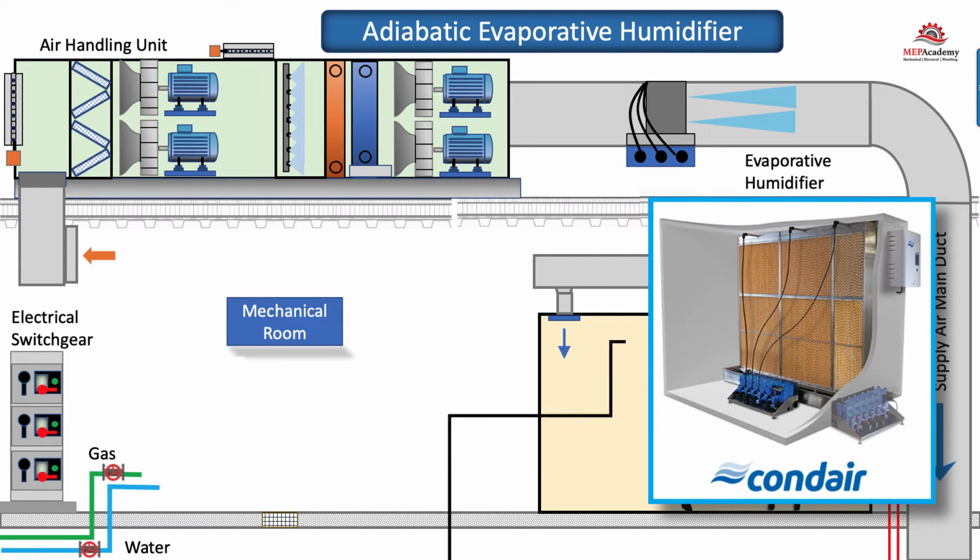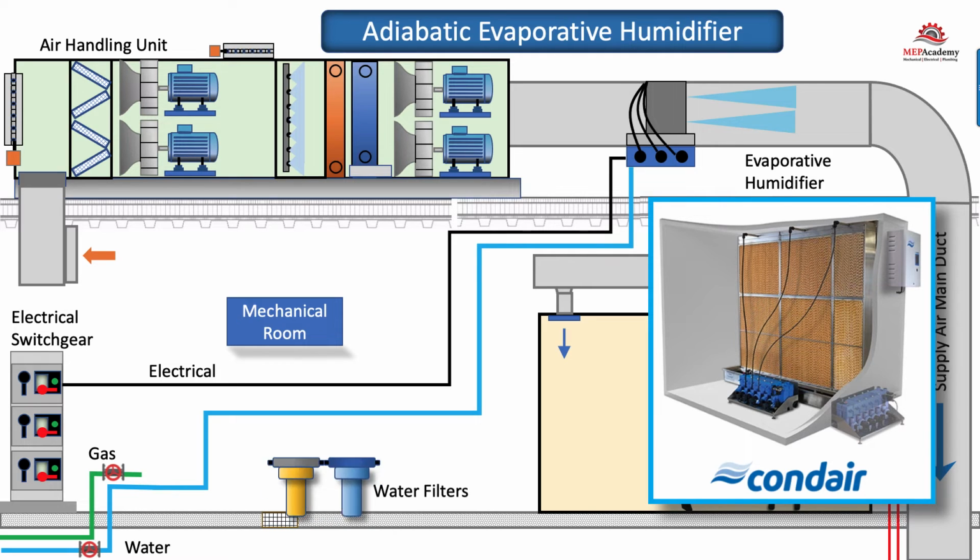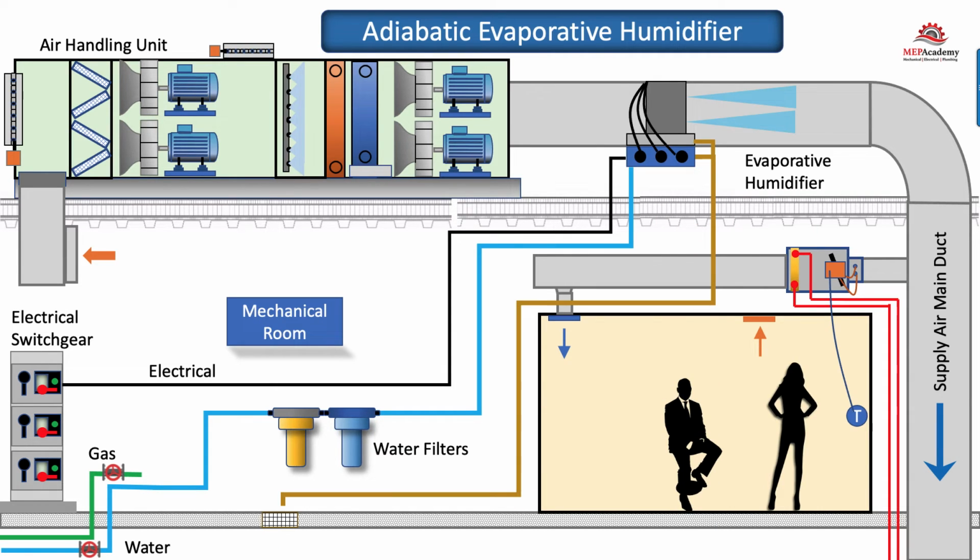Then connect the electrical power to the water pumps and controls. Then install the water piping to the unit. It's important to provide some form of water filtration to keep the unit from clogging or minerals from depositing on the equipment. We'll need a drain line to remove any unevaporated water.